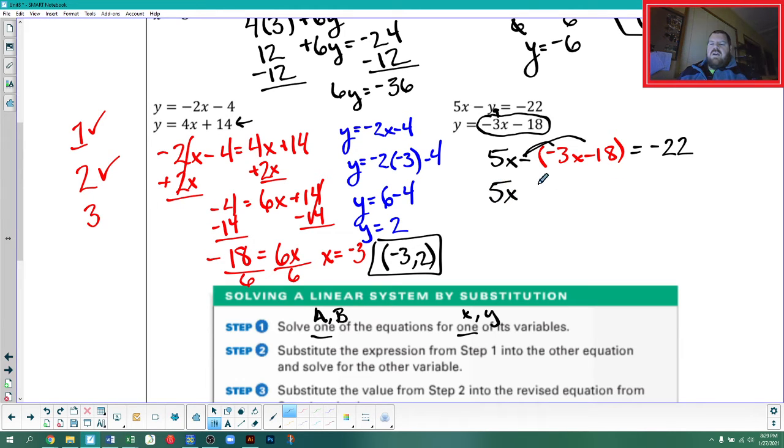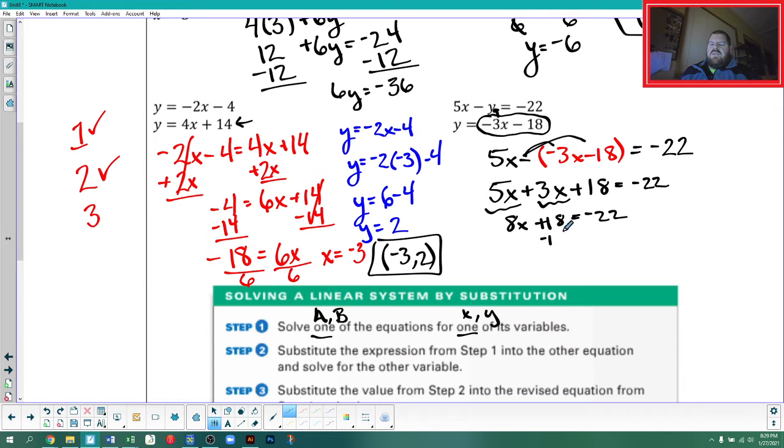So I have 5x, negative 3x is plus 3x, negative 18 is plus 18, and that's going to equal negative 22. Combine my like terms: 3x's and 5x's is going to be 8x's, plus 18 is equal to negative 22.